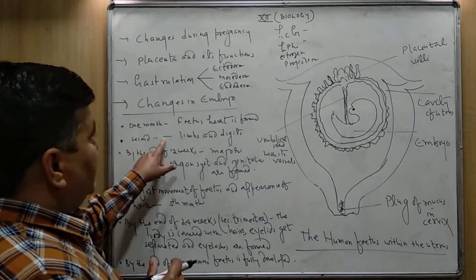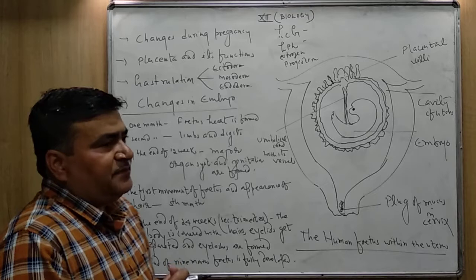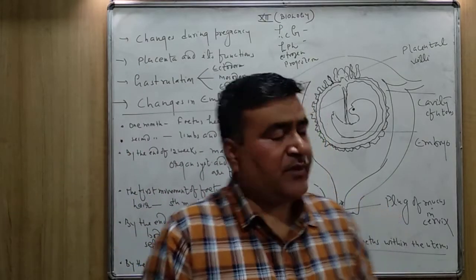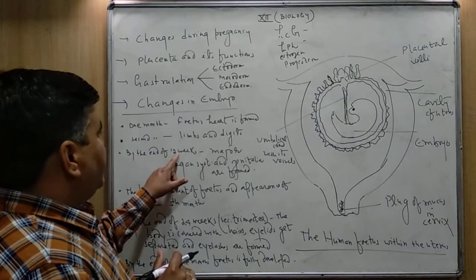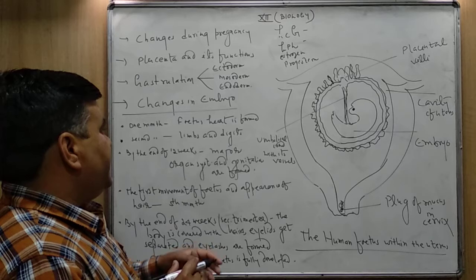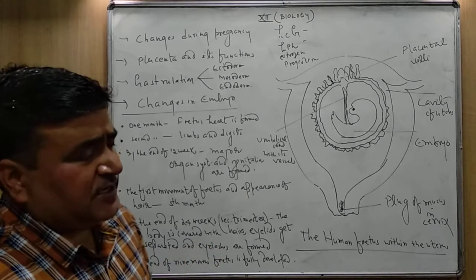Now, in the second month of the pregnancy, the limbs and digits are formed. By the end of 12 weeks, in the first trimester, the major organ systems and genital organs are formed.